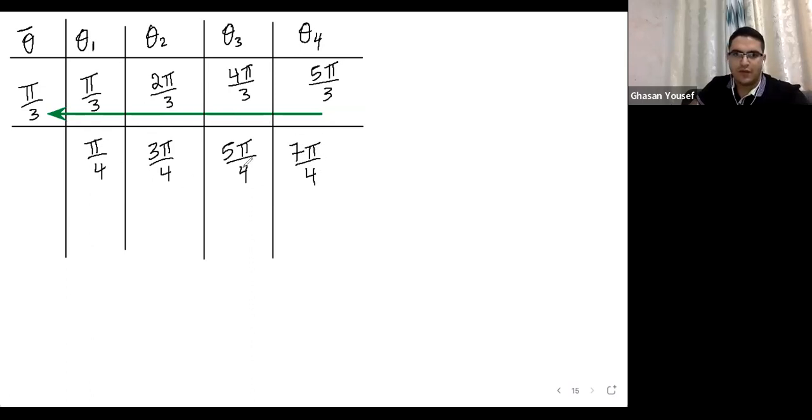All of them have the same reference angle. The reference angle is pi over 4. And the last one is pi over 6 in the first quadrant. In the second quadrant, it is 5 pi over 6. In the third quadrant, it is 7 pi over 6. The fourth one is 11 pi over 6. All of them have the same reference angle, pi over 6.